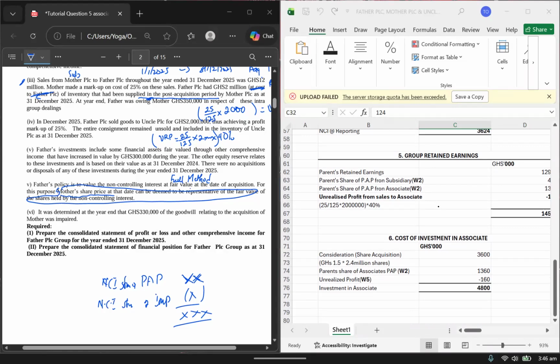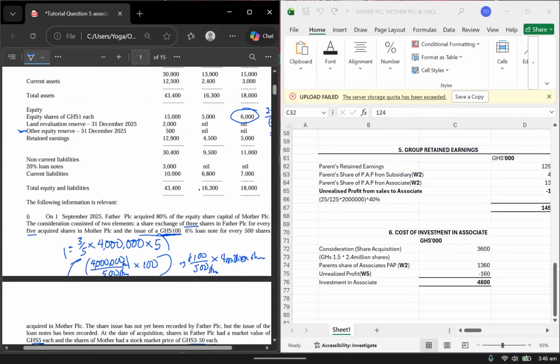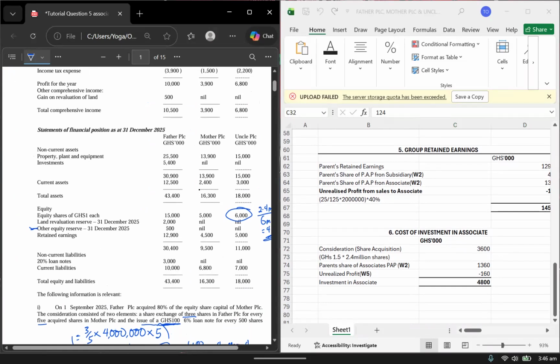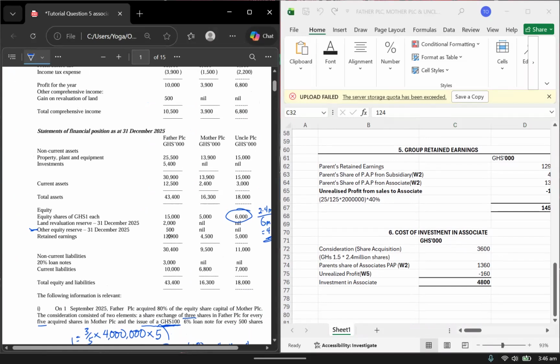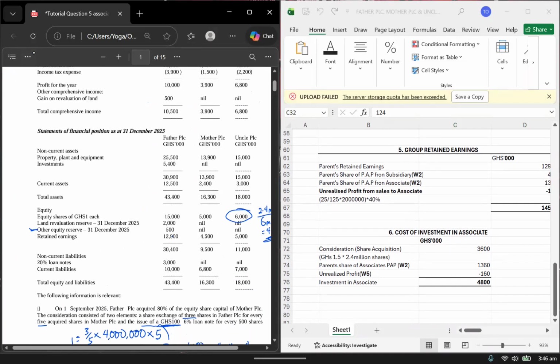Okay. Now group retained earnings. So you bring the parent's retained earnings. It's already in the question. The parent's retained earnings is here, 12,900.